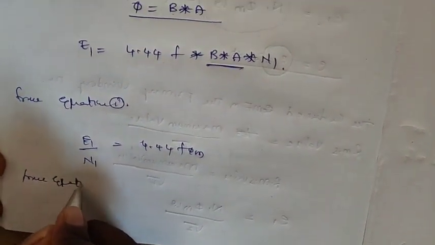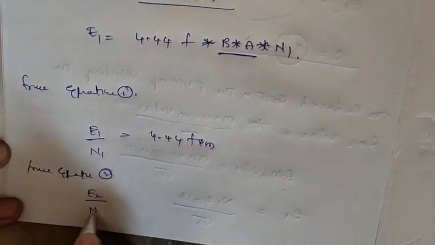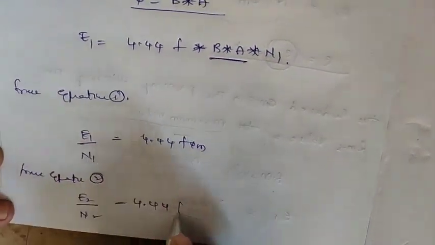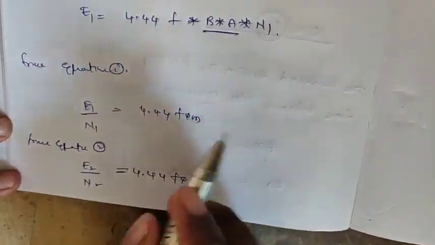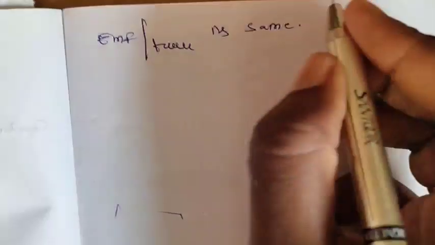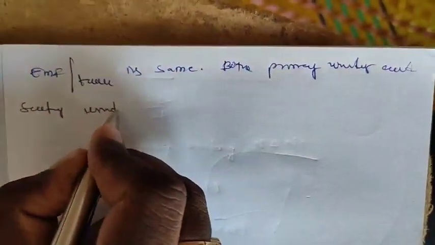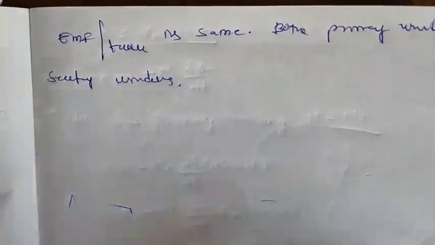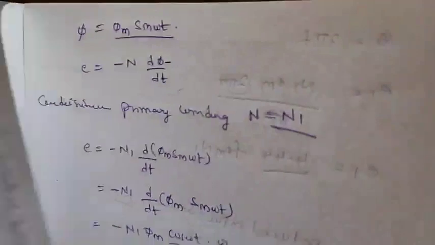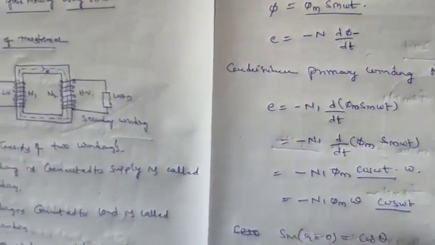From equation 2, E2 by N2 equals 4.44 f Φm. So the EMF per turn is the same for both the primary winding and the secondary winding. This is about the EMF equation.